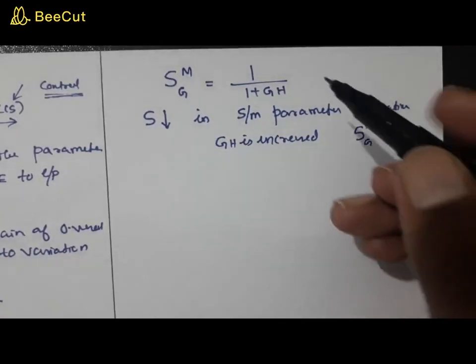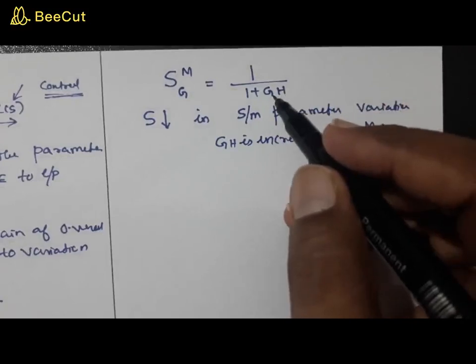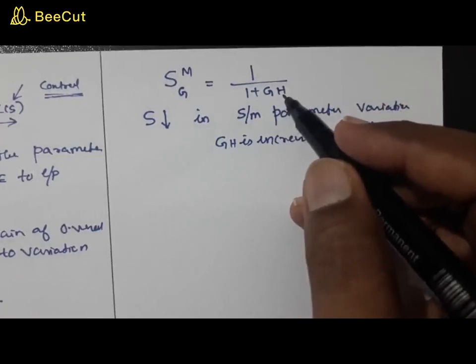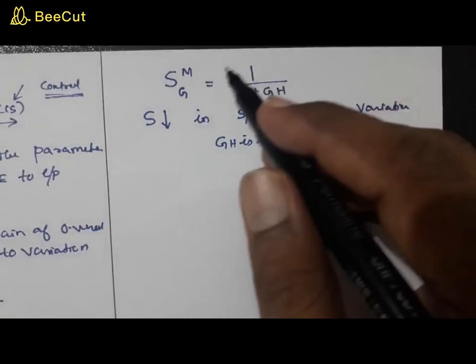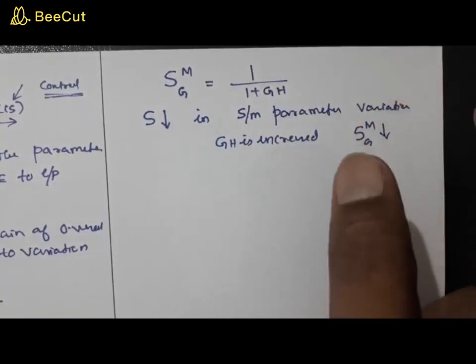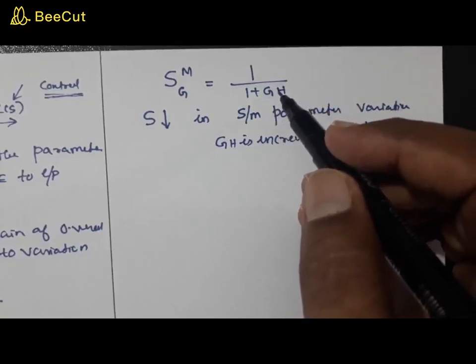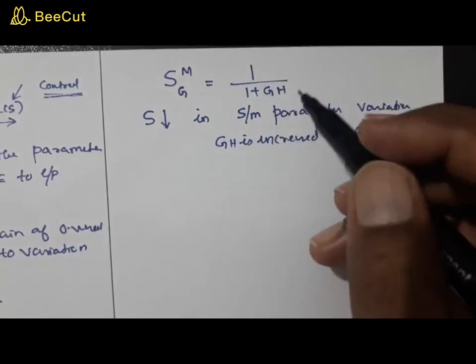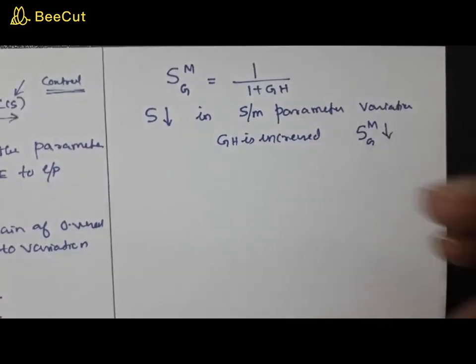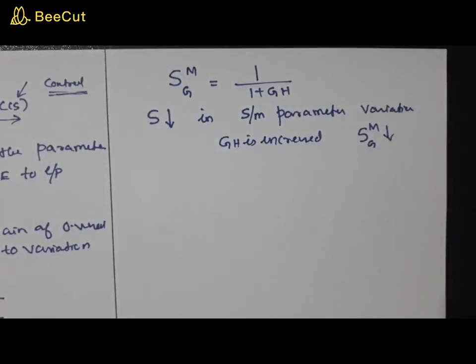So what is actually the reason behind this? This is due to what will happen if H is equal to 0. Sensitivity remains 1. It will be high, right? So this will reduce the sensitivity, right? At the same time, that means the output is not going to get affected.